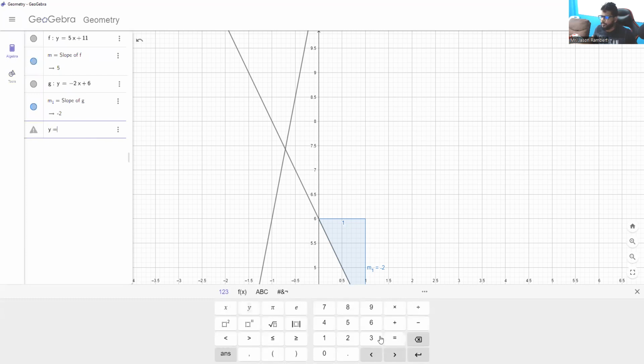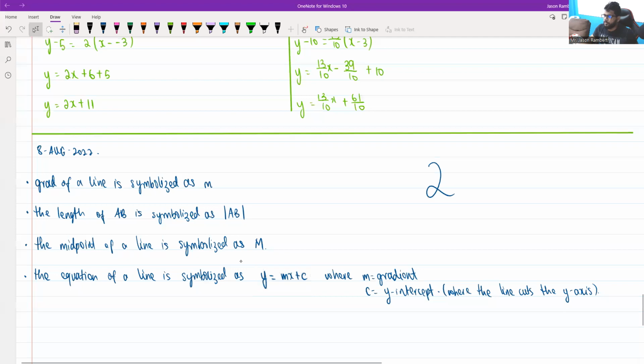All right, let's do our next one. y is equal to x plus 2. What's going to be the gradient of this line? 1. All numbers, let's say for example 2, are multiplied by 1, divided by 1, and raised to the power of 1.